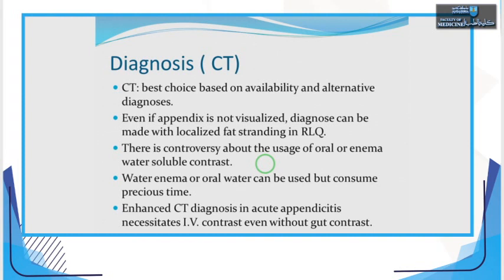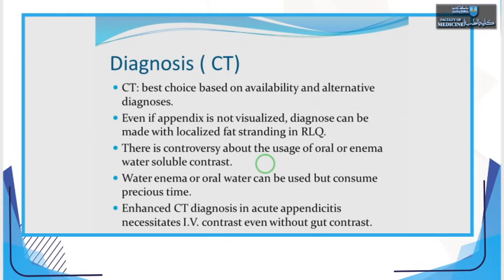There is controversy about the usage of oral or enema water-soluble contrast. This is not necessary. You can use only IV contrast without any oral or enema contrast. Water enema or oral water can be used, but this consumes precious time.